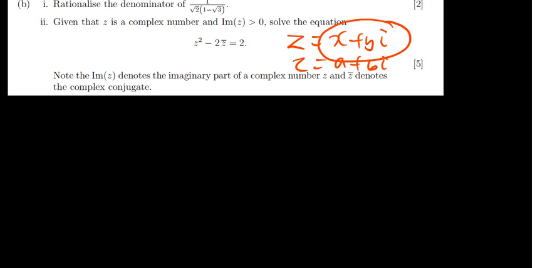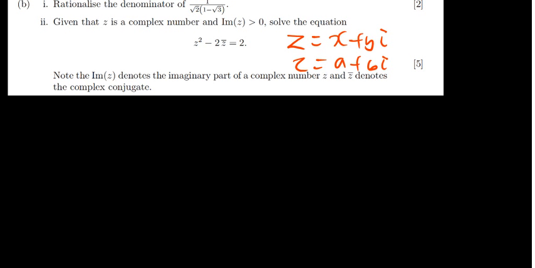If you want to say z, you can just say z is equal to x plus yi, or you can say z is equal to a plus bi. This is a form of what? The complex number. Any form of complex number you can just come up with. So which one should we go with?